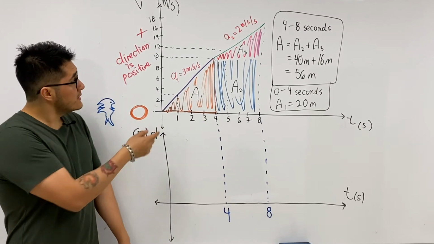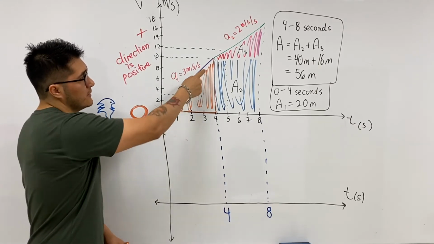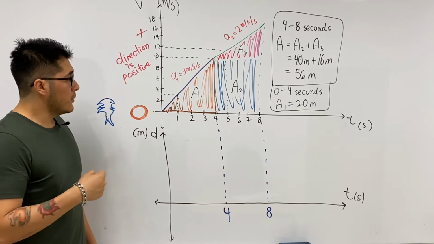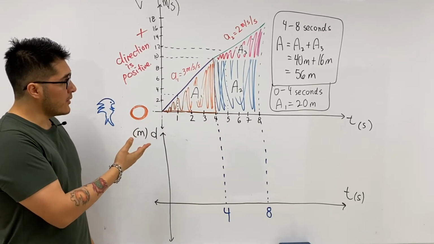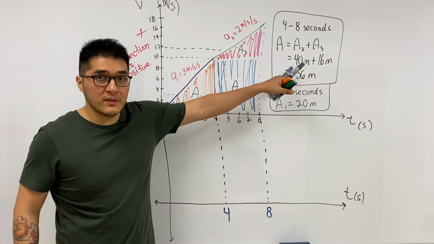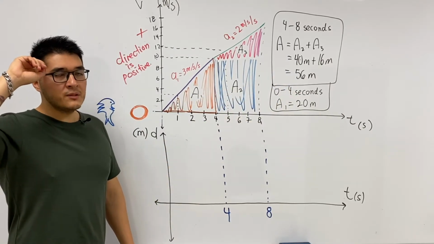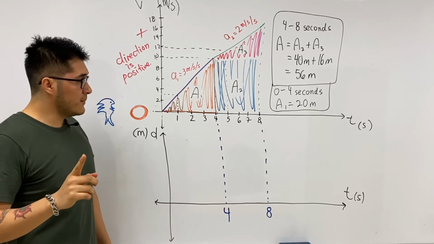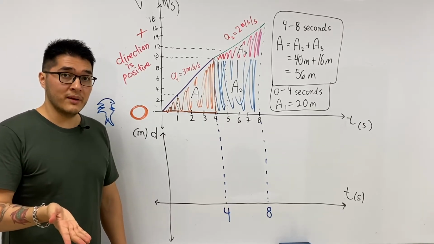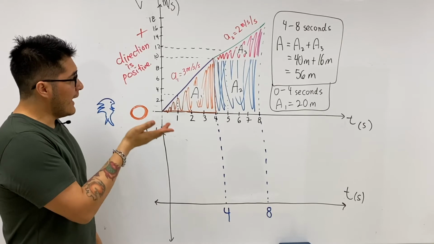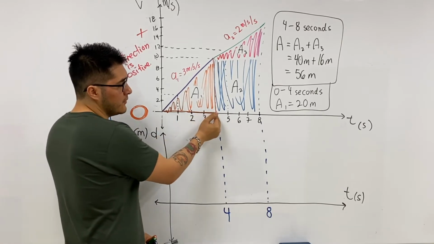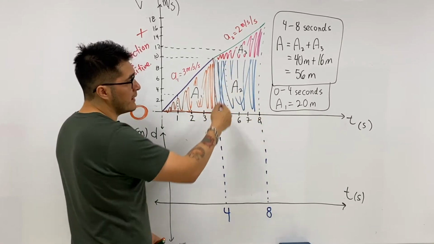Well, what kind of motion is Sonic undergoing in the first place? Speeding up. And speeding up while covering a total distance of 20 meters. So then we have to think back, how do we represent speeding up for a position time graph? It was a parabolic curve, right? And for the second part, from 4 to 8 seconds, it is also speeding up.